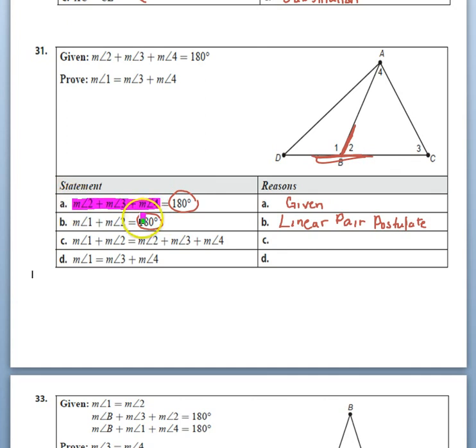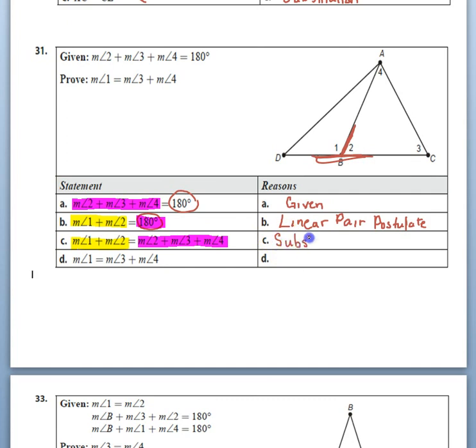If I know it's equal to 180, I could put it in that spot right there for 180. And if I do that, here's where it ends up. I have the measure of angle 1 plus the measure of angle 2 on the left. And then I was able to substitute in the measure of angle 2 plus the measure of angle 3 plus the measure of angle 4 on the right-hand side. So that's how you got to statement C, is by substitution.